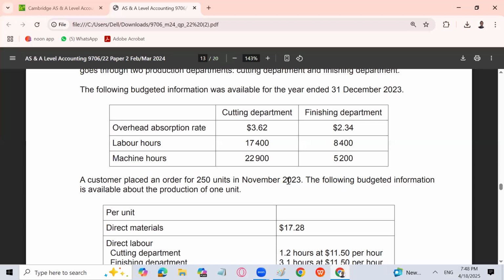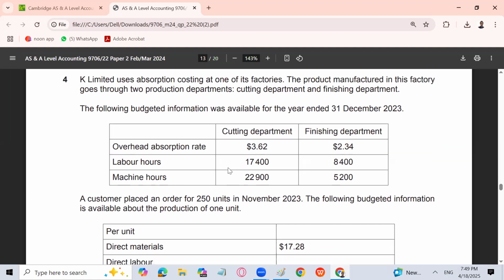So it is clearly understood that for the cutting department we will be using machine hours, and for the finishing department we will be using labor hours, because labor is more consumed in the finishing department and less in the cutting department. The OAR is given, so there is no reason to talk about that either.